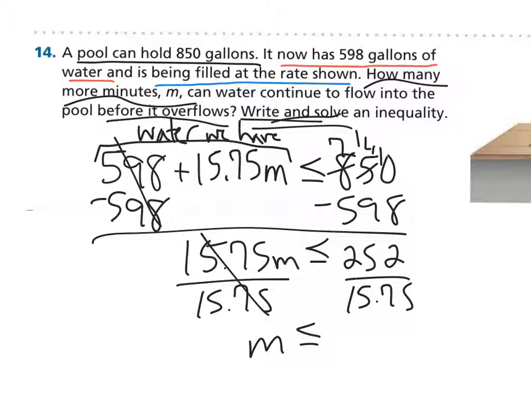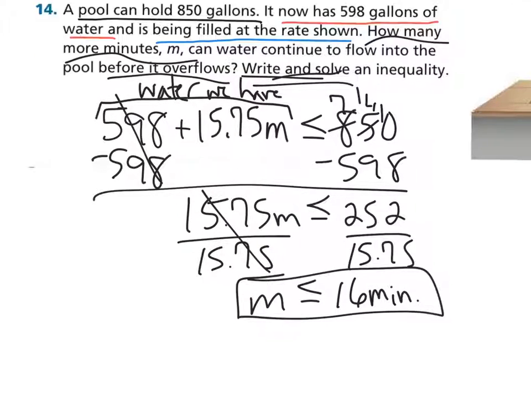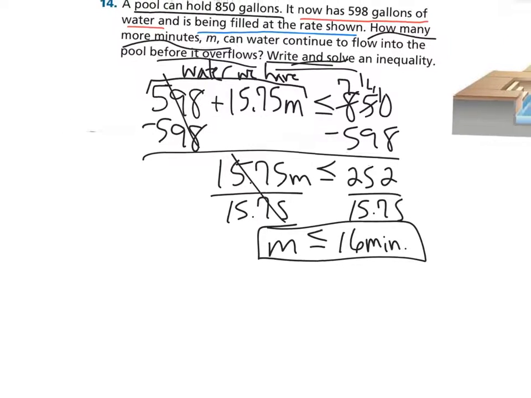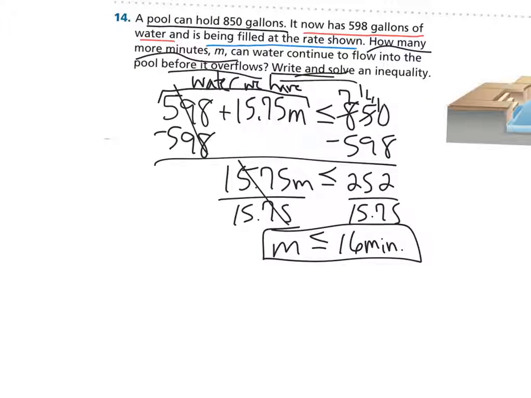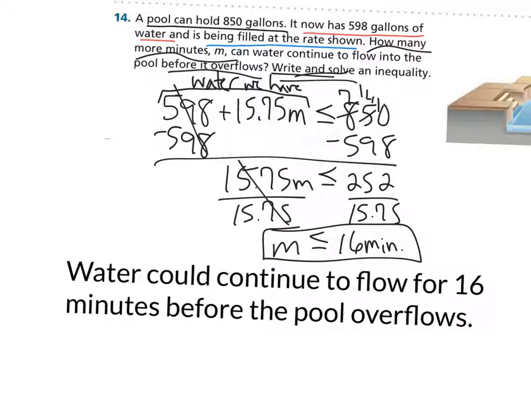And it wouldn't have to be such nice answers for us, but usually they will give you pretty nice stuff a lot of times. So that comes out to be 16. So M is less than or equal to 16. So the water could continue to flow for 16 more minutes before it overflows. And once again, we can write out a sentence there to make it clear that we know what our answer means.